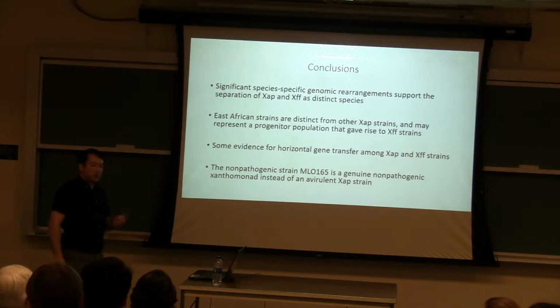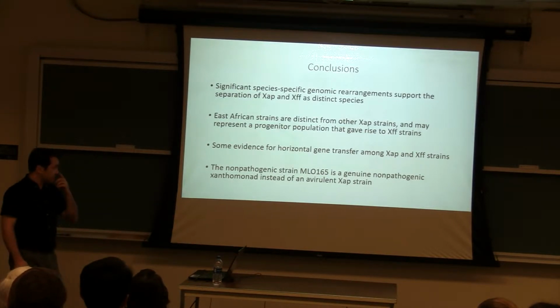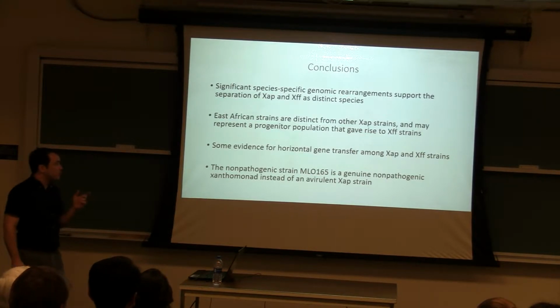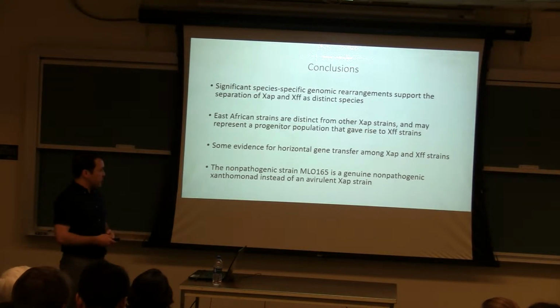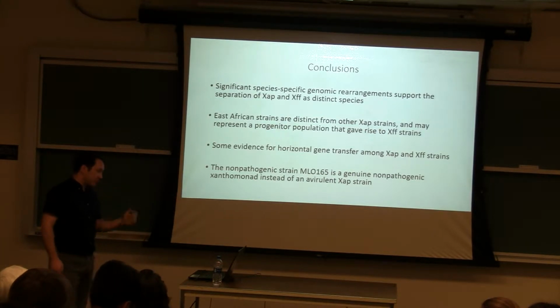There's some evidence for horizontal gene transfer among Phaseoli and Fuscans strains, especially with the plasmids. They're very similar, right? And then the non-pathogenic strain really seems to be a true non-pathogenic xanthomonad instead of just a virulent pathovar of an infecting xanthomonad or something else, right?